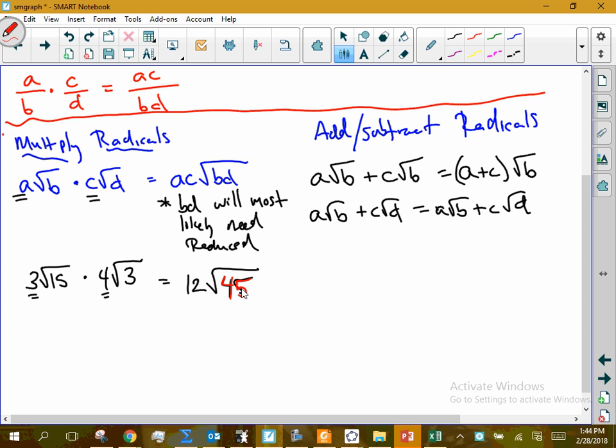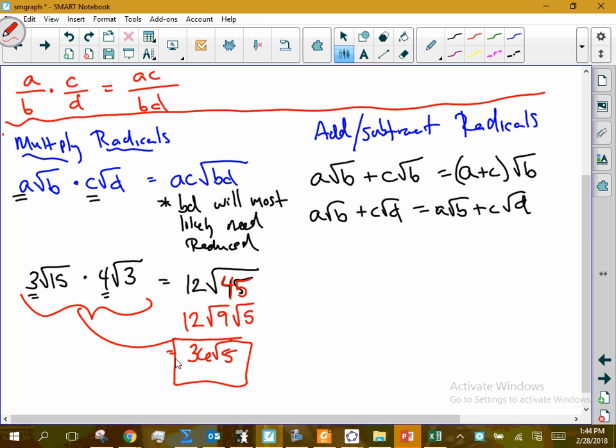Yeah, 9. So 12 radical 9 times radical 5 is the same thing. Does that make sense? What's radical 9, though? 3. So now I have 12 times 3, which is 36. So 36 radical 5 is that product, and that's the best way to write it.